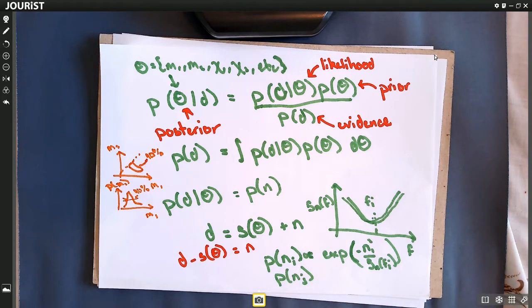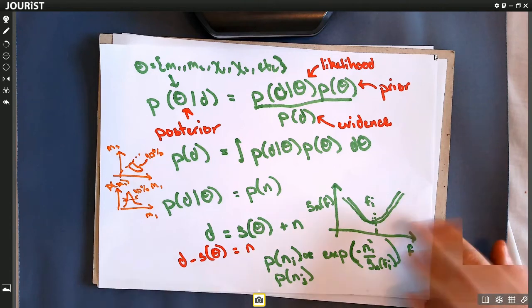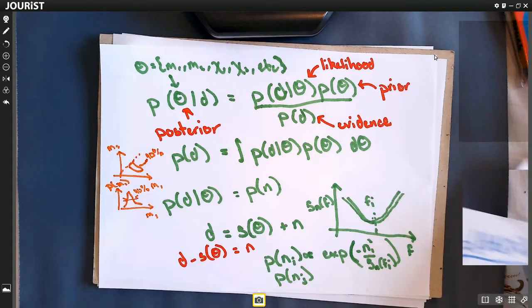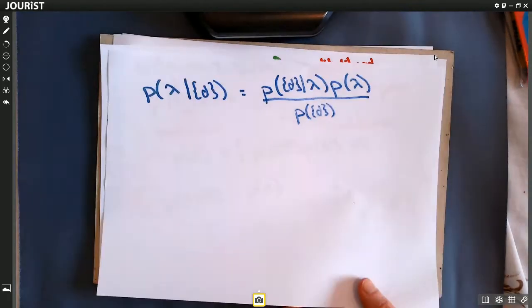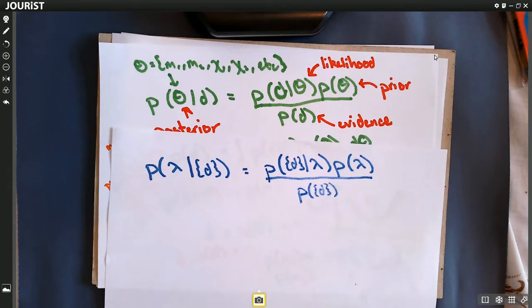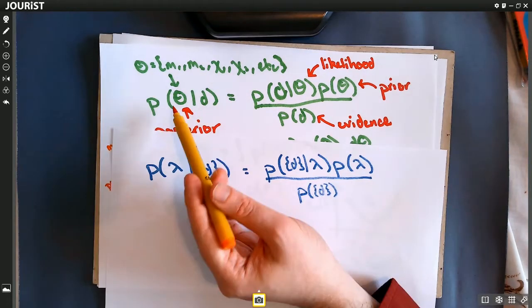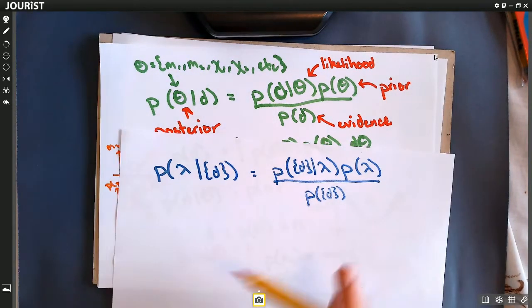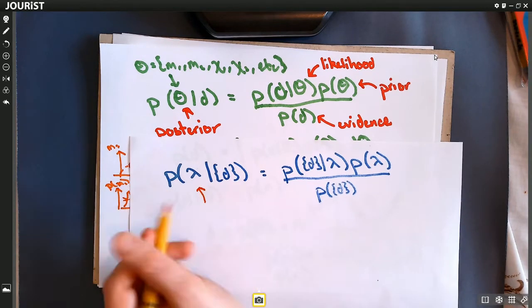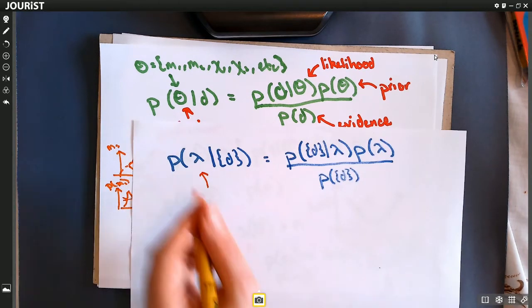Okay, so we spoke about this as parameter estimation, and then I highlighted briefly how we change this to the question of doing population inference. So in this case, instead of inferring our set of parameters for an individual source, we're going to be inferring some hyperparameters, which are called lambda here, which are the parameters of our model.